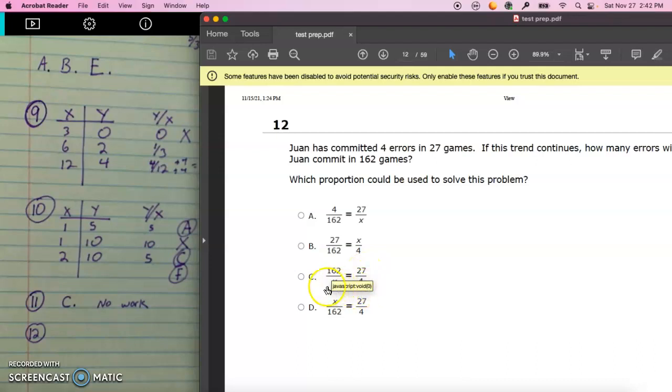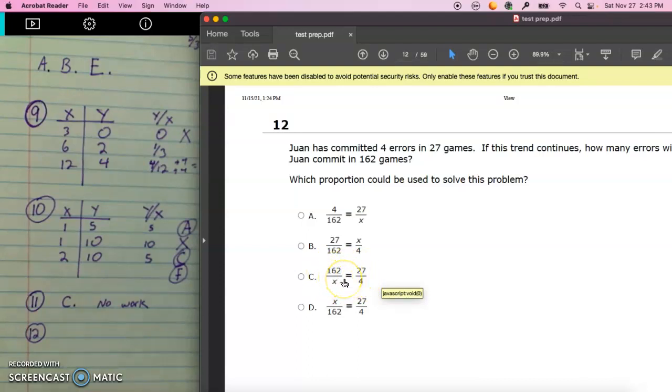Then we've got, I don't know how many errors related to 4 errors. Good. This one's the one we would want to choose because they have set it up properly. They haven't just mixed the numbers around in a weird order, but they've got errors to errors and games to games, all nice and neat.